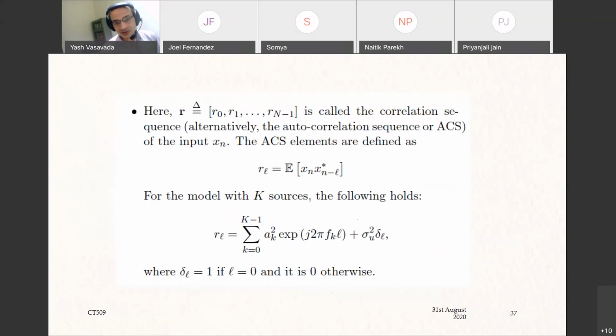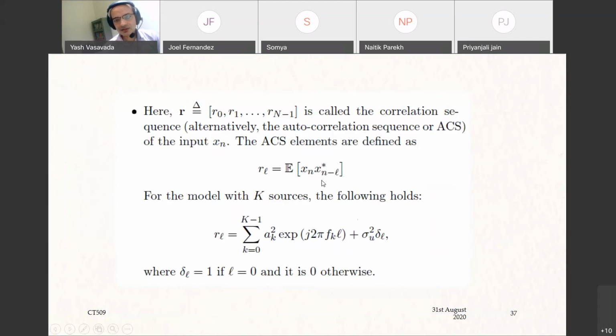Remember, we are still not processing it through the filter yet. Here I am still looking at just the input to the filter. That input to the filter is just one sample x of n. And the correlation of the input signal or input sequence in the discrete time case is defined as the expected value of x of n times x conjugate of n minus l.